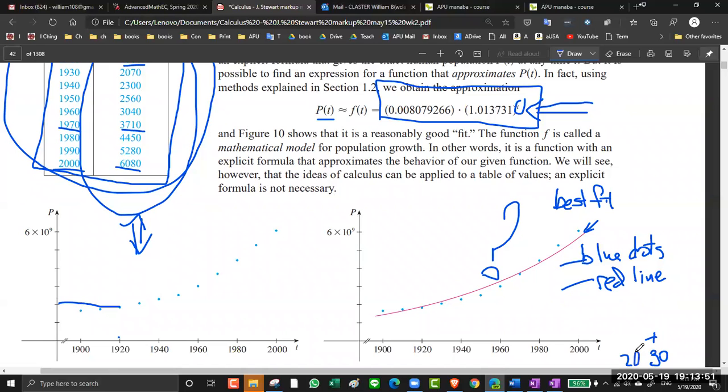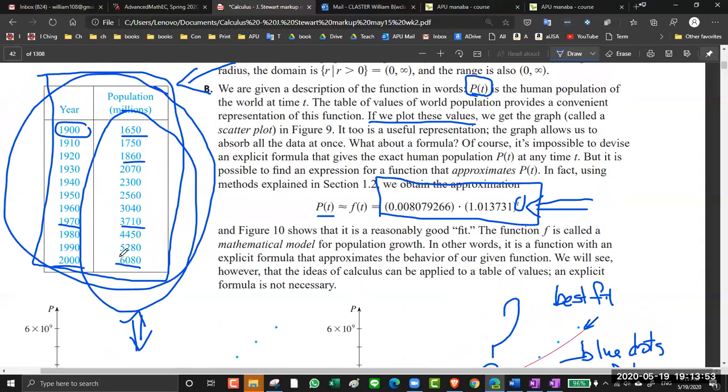I can't really do that with the table. I don't really know what to do in 2010, 2020, 2030. But here, I can just put 2020 into this formula, and I'll get some approximation of what it's going to be.